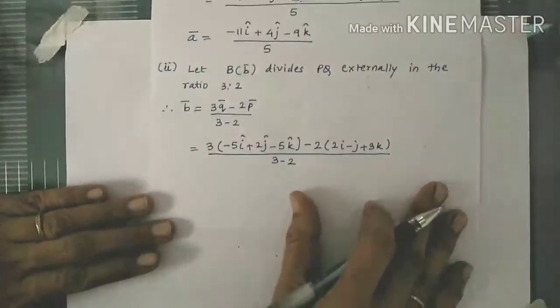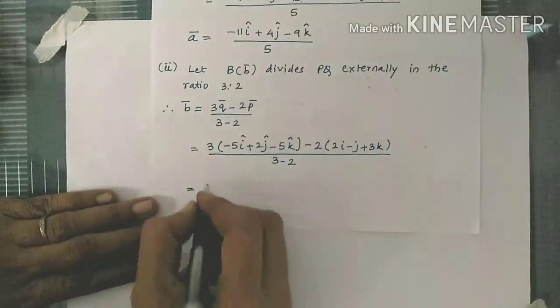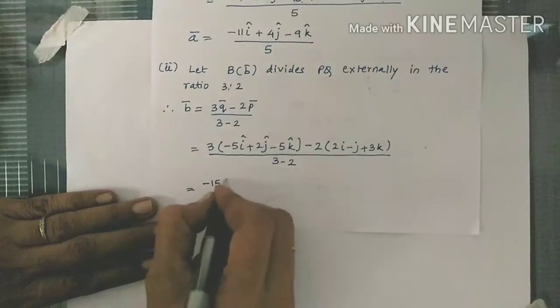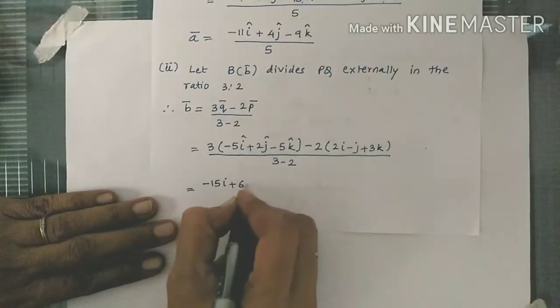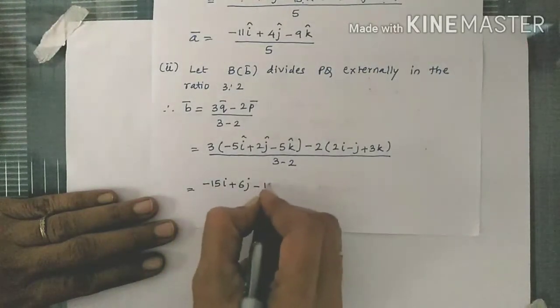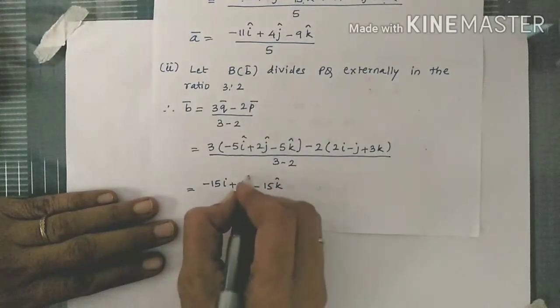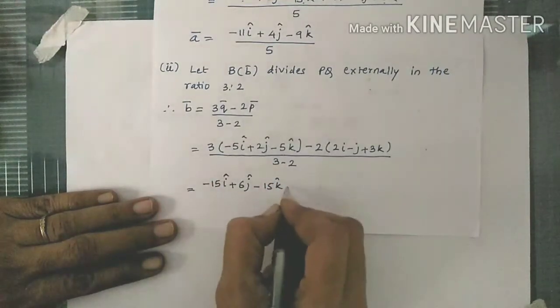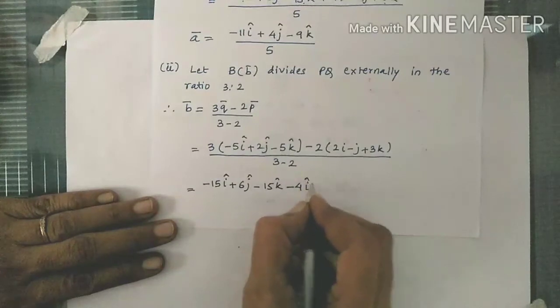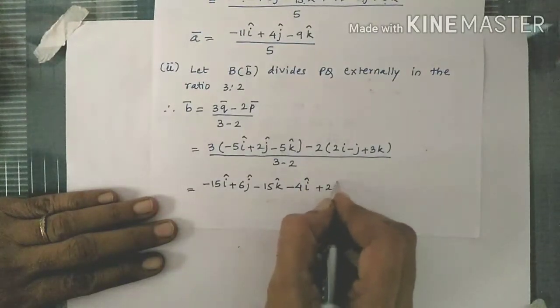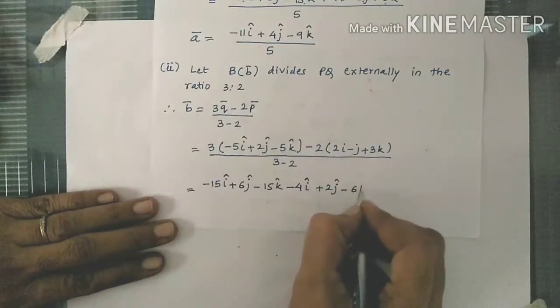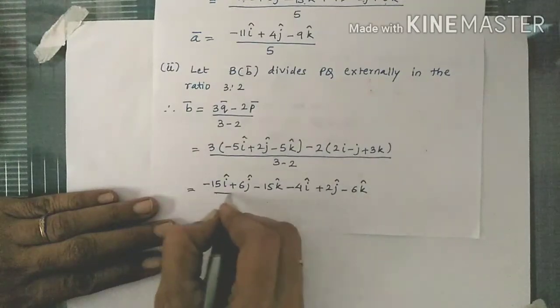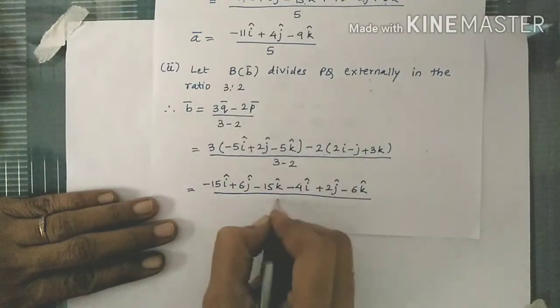So we have minus 15i plus 6j minus 15k cap minus 4i cap plus 2j cap minus 6k cap divided by 3 minus 2, that is 1.